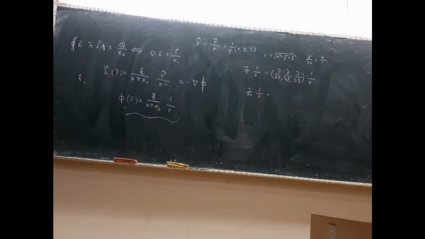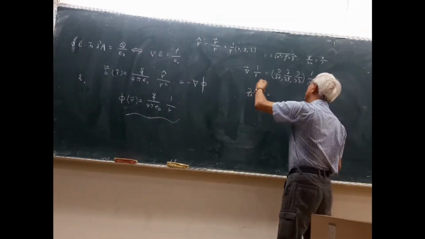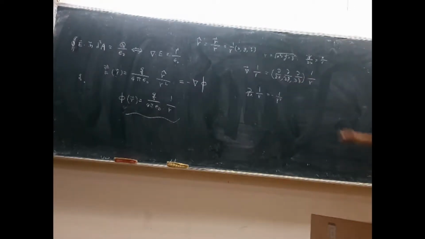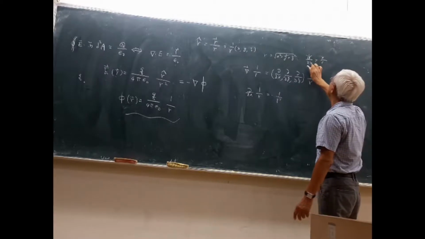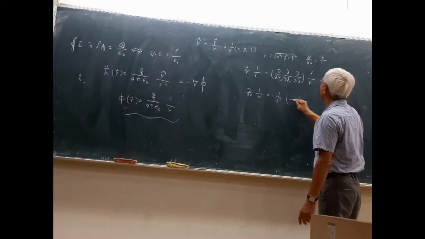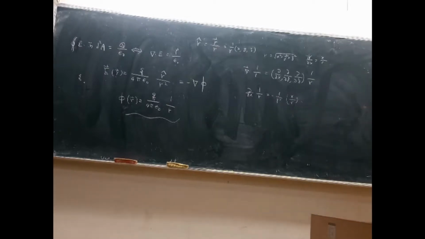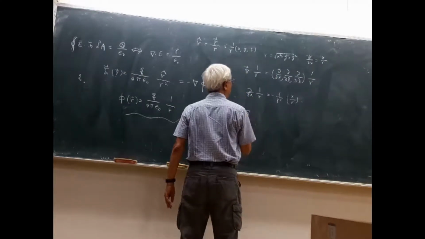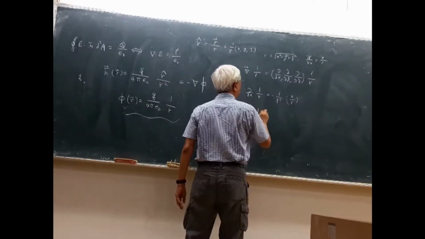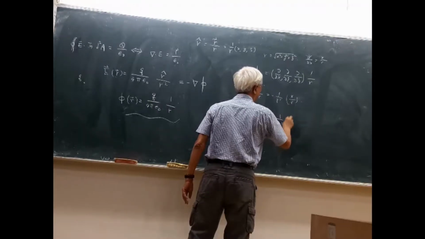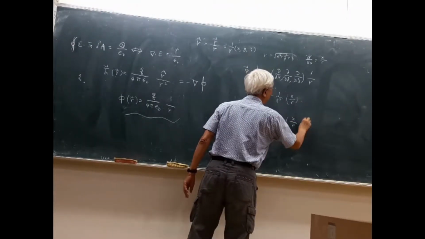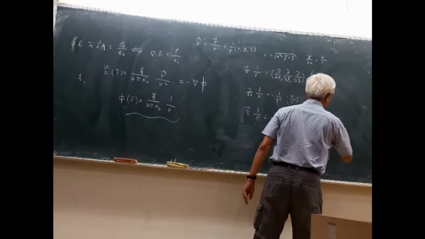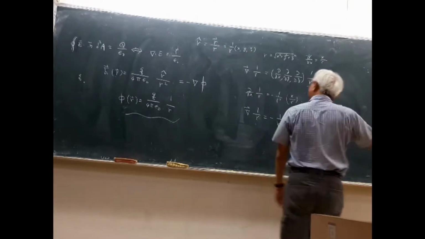The derivative with respect to r is minus 1 over r squared, and then the derivative of r with respect to x is x over r. Similarly, you have y, you have z, so that we have minus 1 over r squared times x, y, z over r. That is equal to minus r hat over r squared.